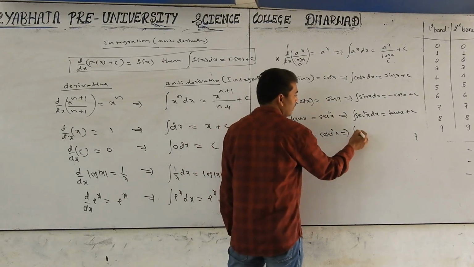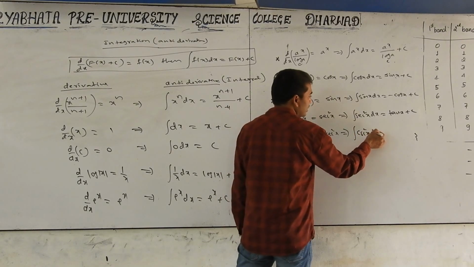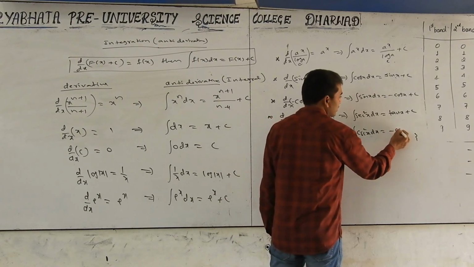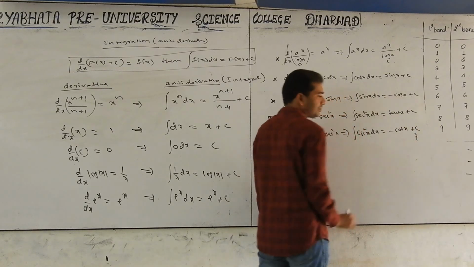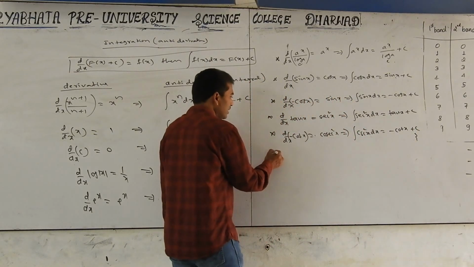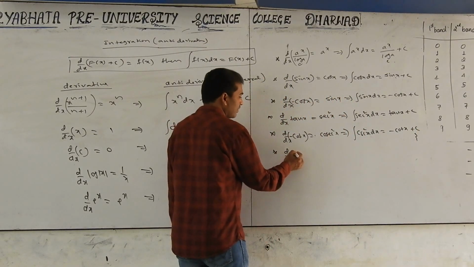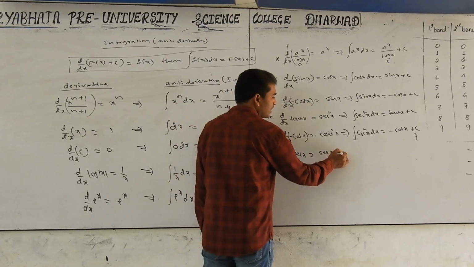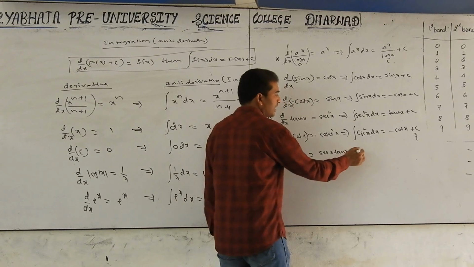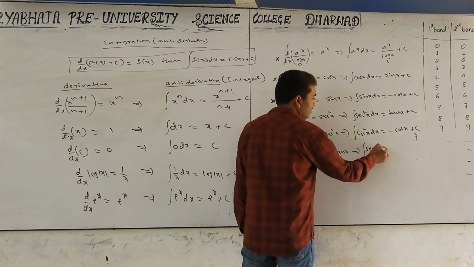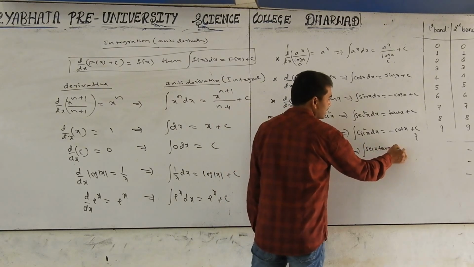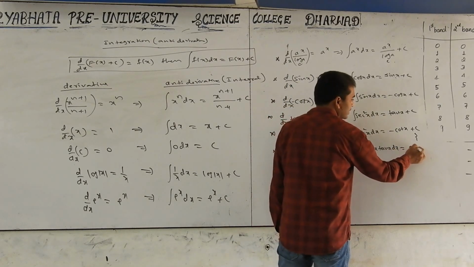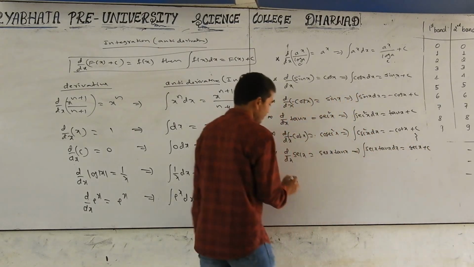So integration of cosec square x dx equal to minus cot x plus c. D by dx of sec x equal to sec x into tan x. Then integration of sec x into tan x dx equal to sec x plus c.